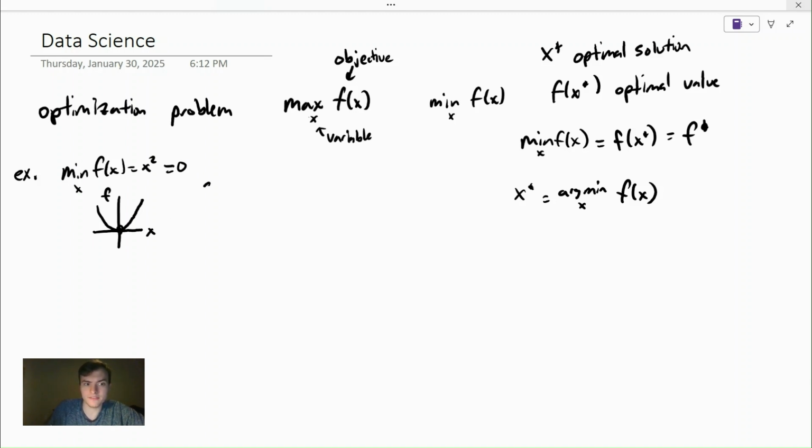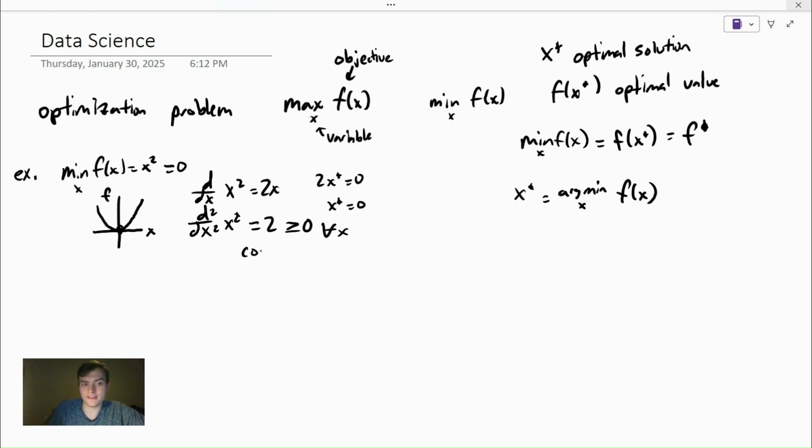To prove that, we would take the first derivative of x squared, which is 2x, and set that equal to 0 to find our extreme point, the x star. To show that this is a global minimum, we would need the second derivative, which is 2, and that is greater than 0 for all x.